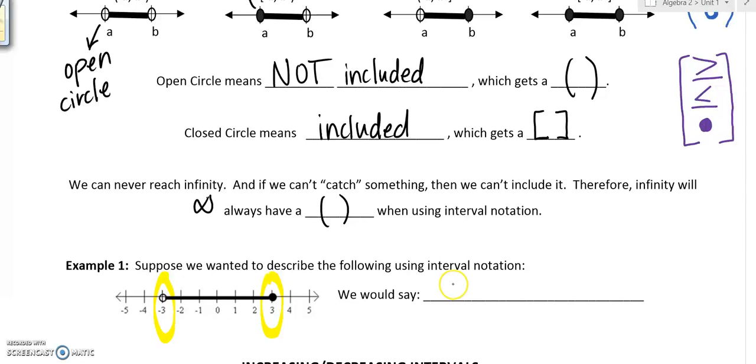If I have an open circle, that means I have parentheses, and it picks up at that -3 value. It's going all the way until +3, and at +3 I have a closed dot, so that means I have brackets at that value. And that's all we're saying, from left to right, what's happening, what numbers do I include or not include.